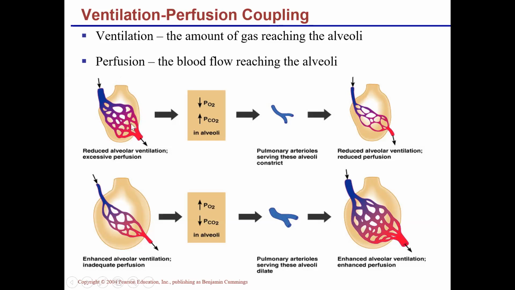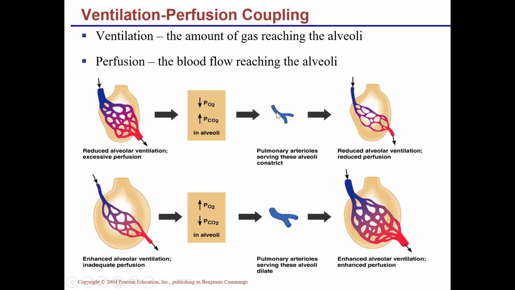If less air gets into this alveoli, for some reason, not very much air into this part of the lung, then the term we should use is less ventilation in this part of the lung.